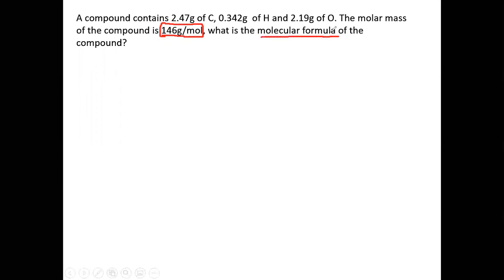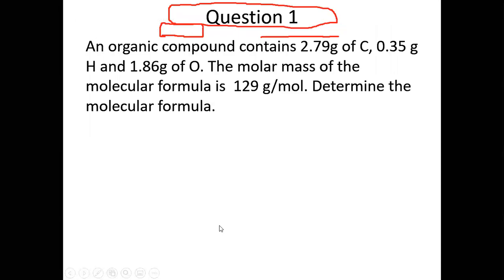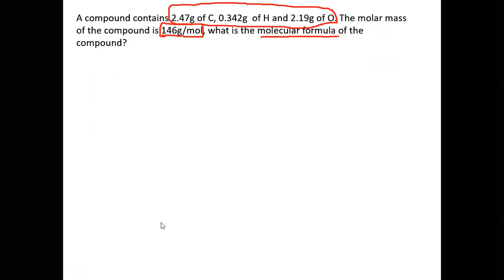We want to determine the molecular formula. So the first thing we have to do is take the masses of each element and determine the empirical formula. So step 1 is we find the moles of each element.